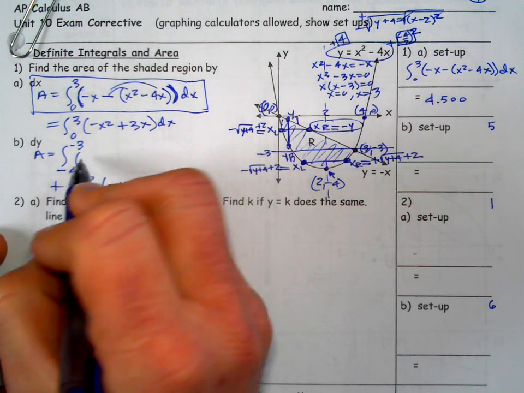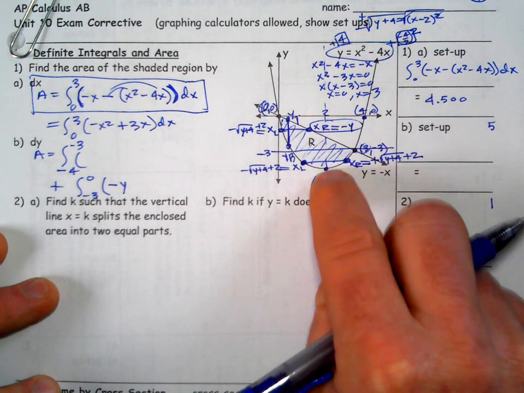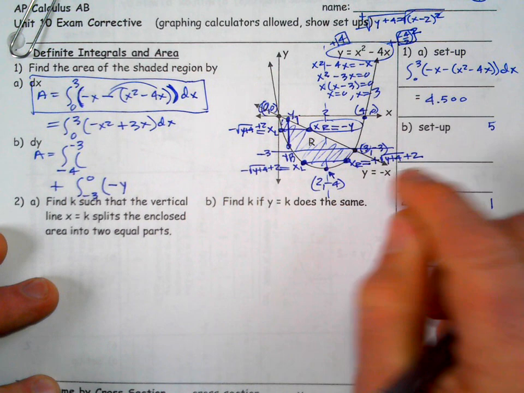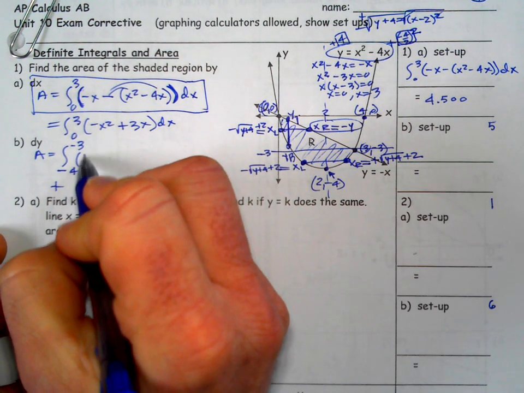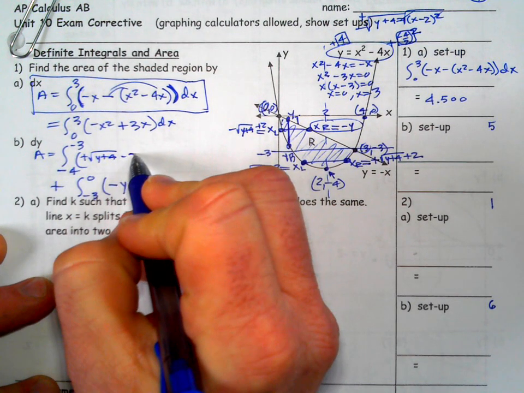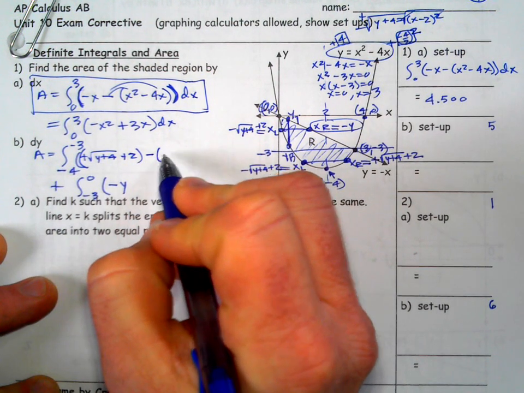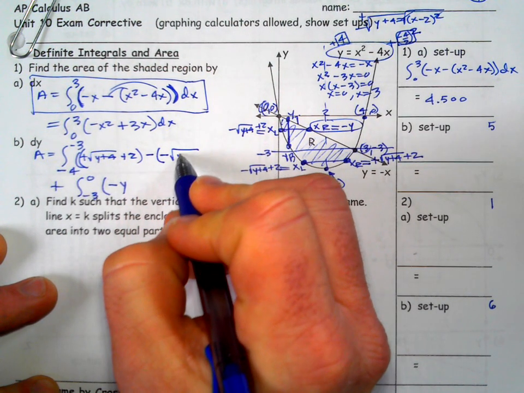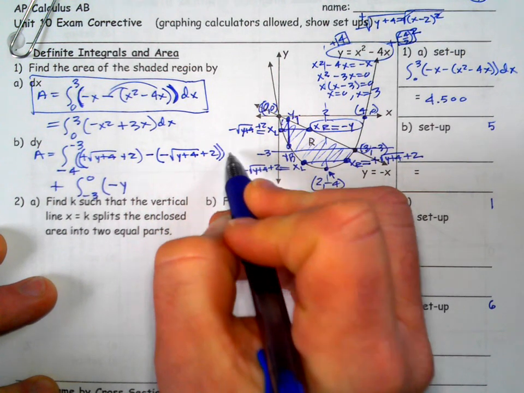So the first chunk, I'm starting from the bottom and going up, since usually when I think of the y direction. So the first chunk is this bottom chunk, and x right is the positive square root of y plus 4 plus 2. And then the next chunk that you got to subtract is the negative square root of y plus 4 plus 2 dy.